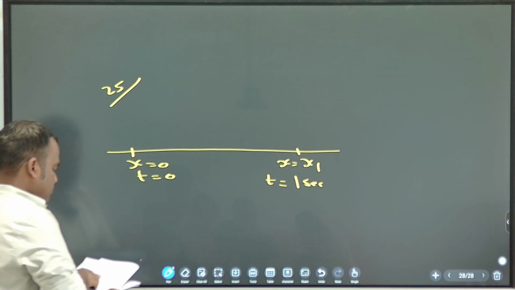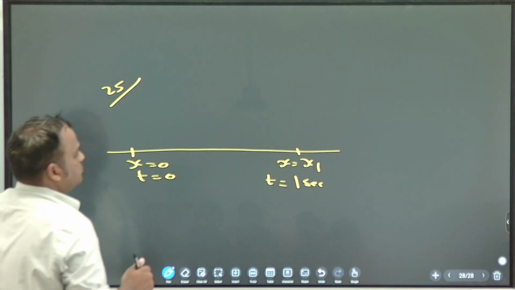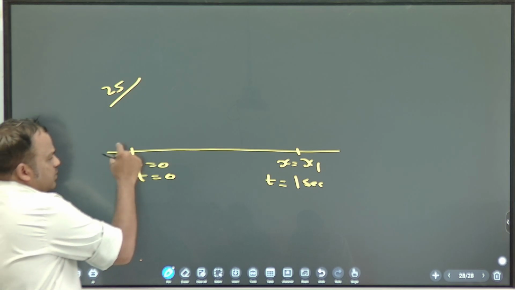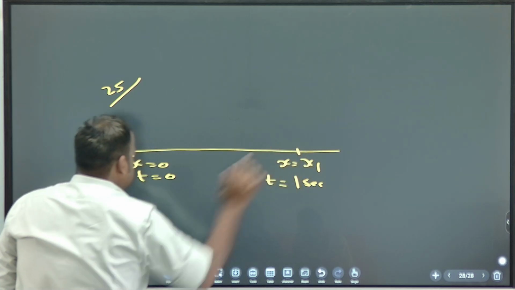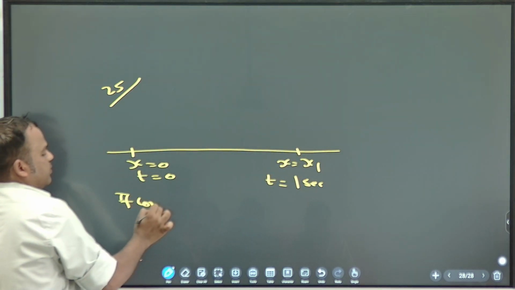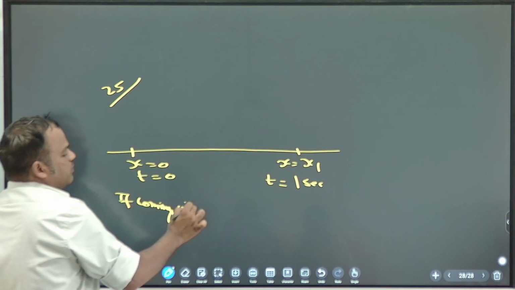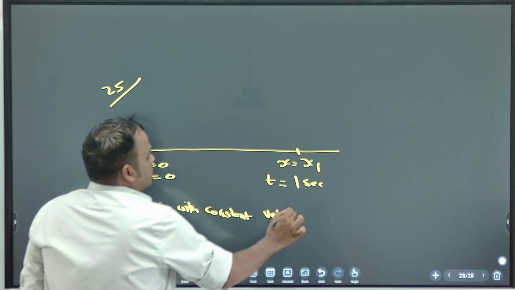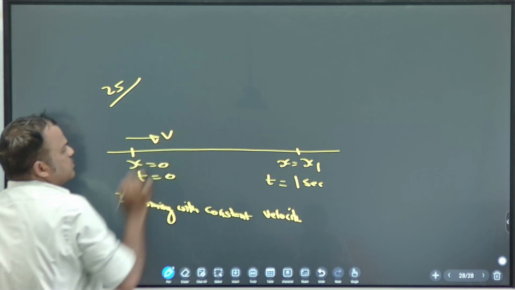No other information. See, it is possible that it is coming with constant velocity. Suppose constant velocity is v.